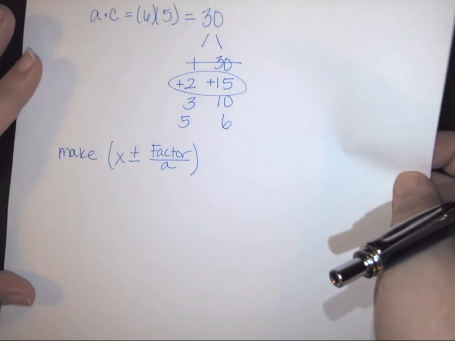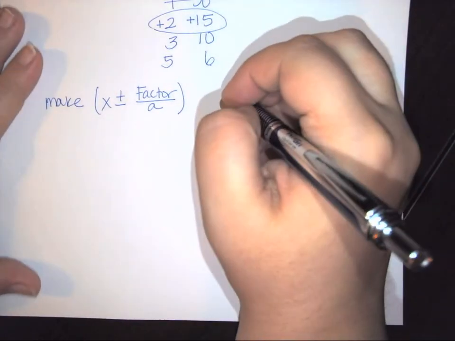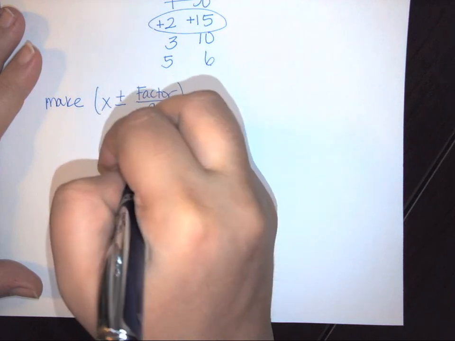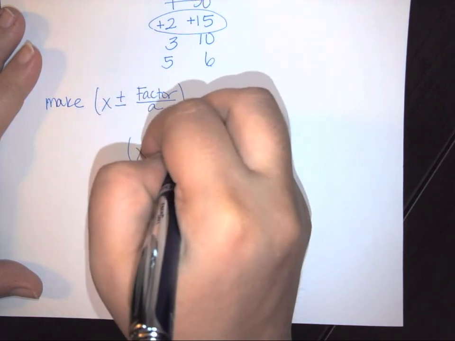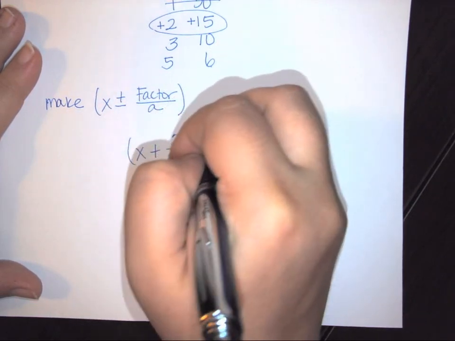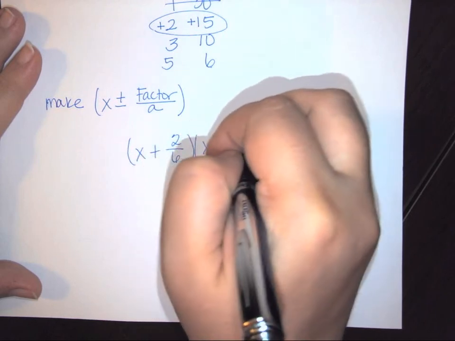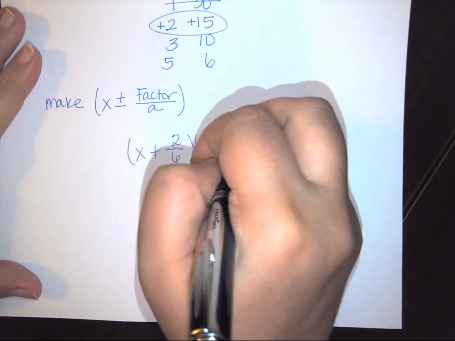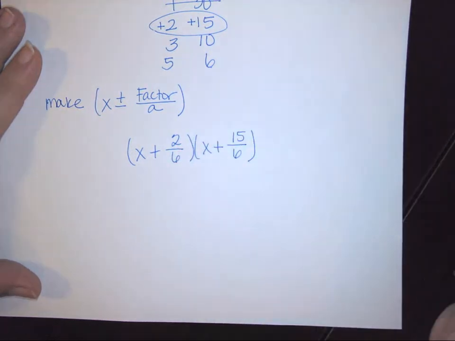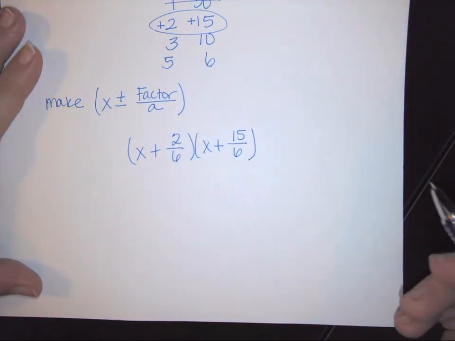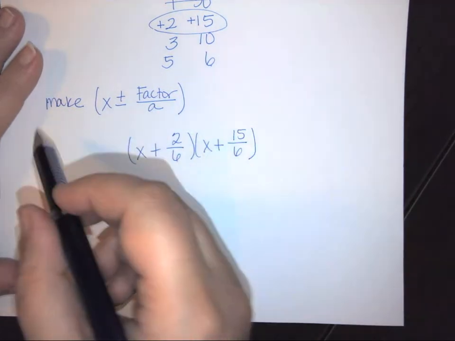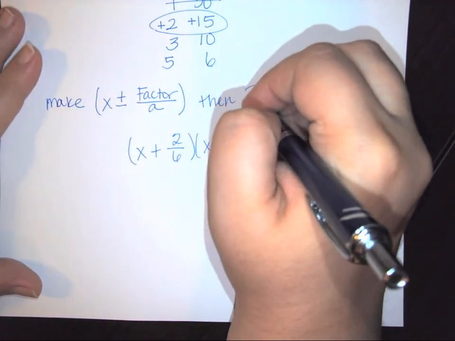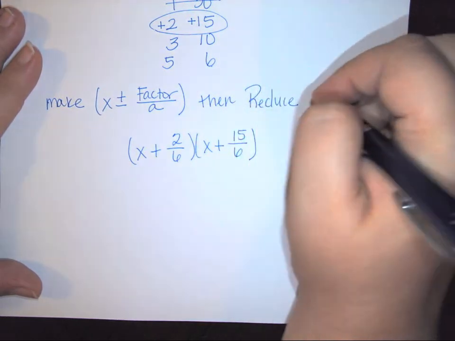And so when I do that, I'm going to get x plus 2 over 6 times x plus 15 over 6. I need to reduce. So first we're going to make your factor, then we're going to reduce the fraction.